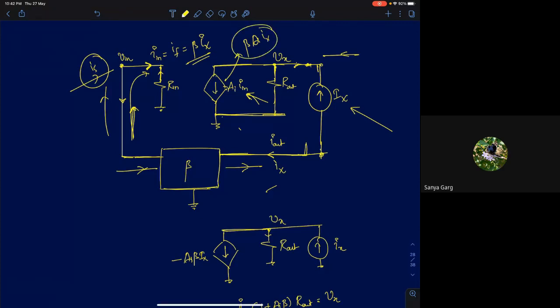Now, what will be the voltage Vx at this point? To find the voltage Vx at this point, I just need to know the current. I think I made a small mistake here. Yeah, I think this is fine. So the current here is Ai times In, which is nothing but Ai times beta times Ix. So that's the direction, current in this direction.